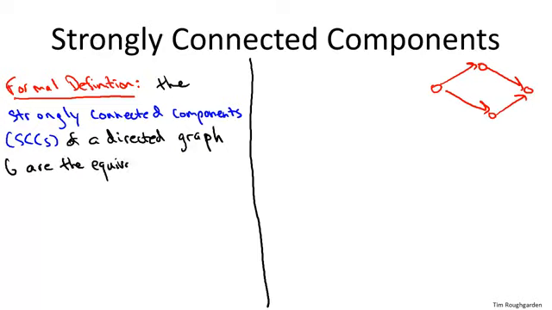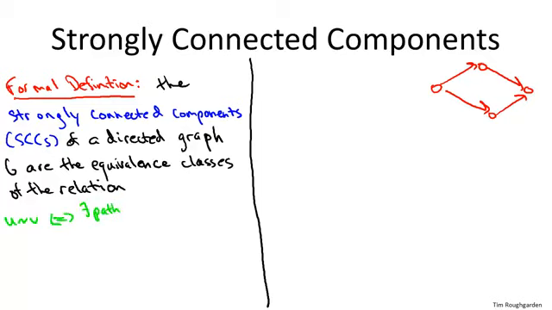The equivalence relation we're going to use is on nodes of the graph, and we'll say that U, a node, is related to a node V, if you can get from U to V via a directed path and also from V to U via some other directed path. I'm not going to bore you with the verification that this is an equivalence relation. That's something you can work out in the privacy of your own home. So remember what it means to be an equivalence relation.